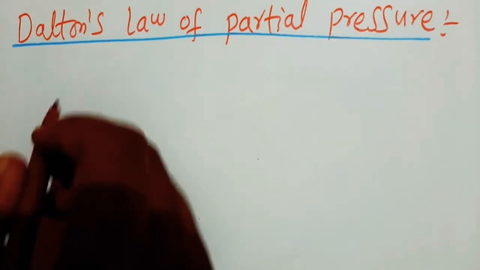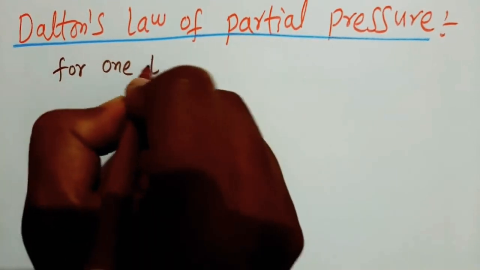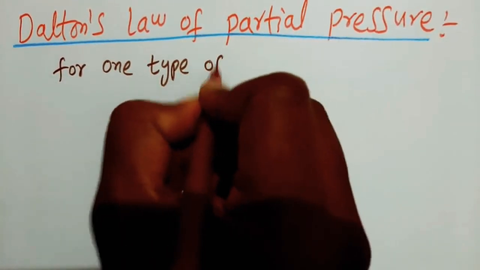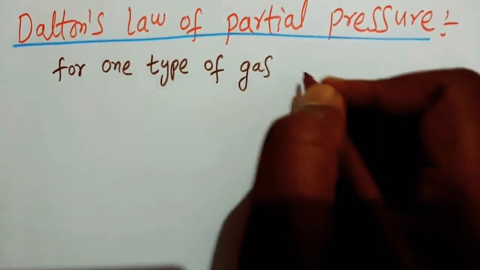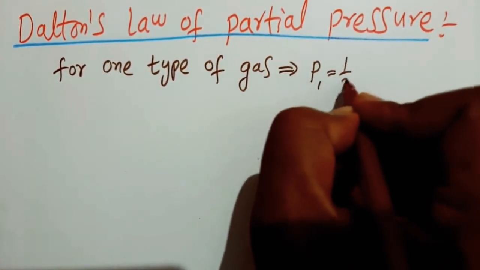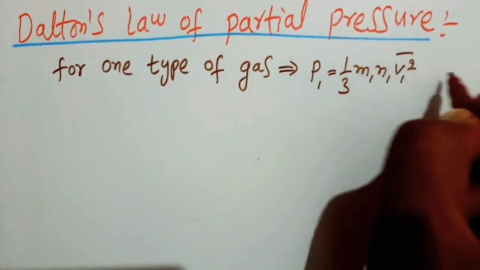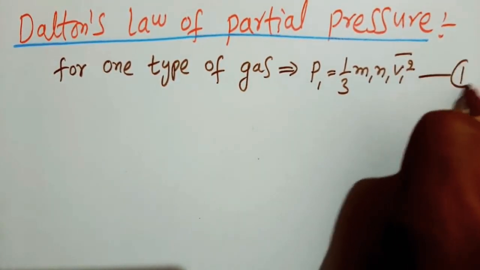For one type of gas, we know pressure P1 = 1/3 m1 n1 v1² bar. Let us take this as the first equation.